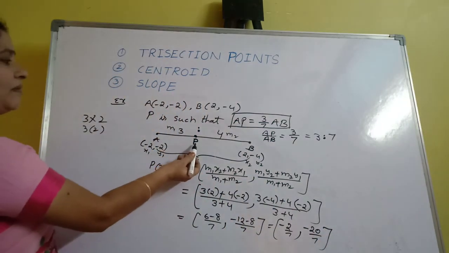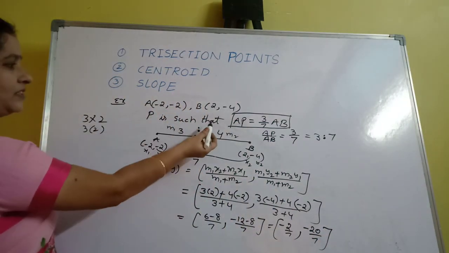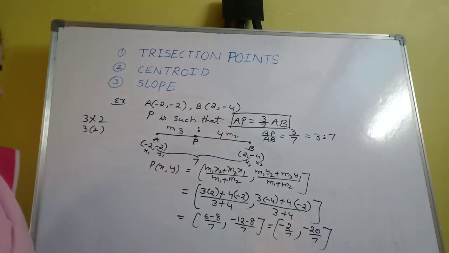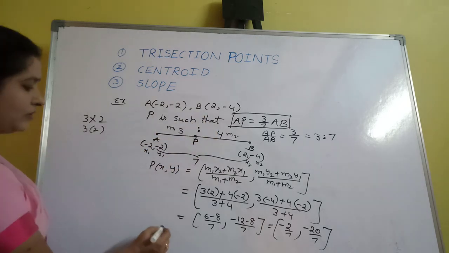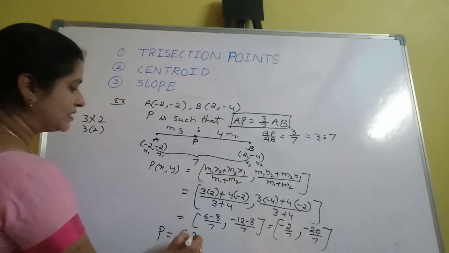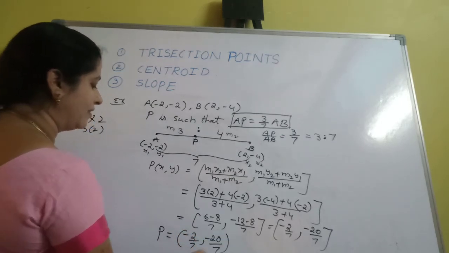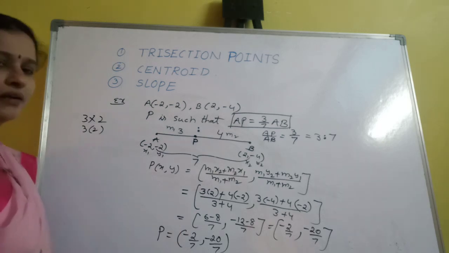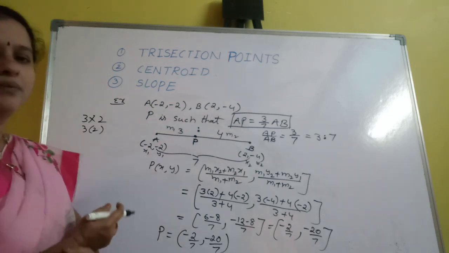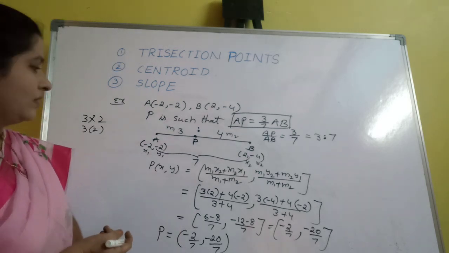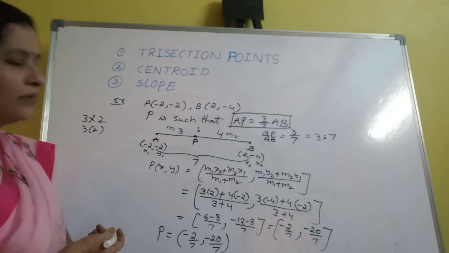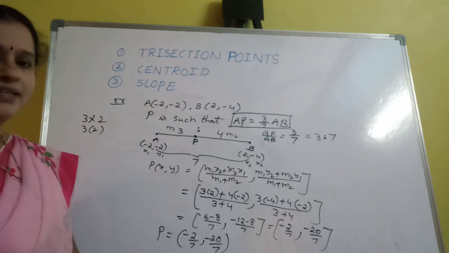So P(x, y), the point P such that AP equals 3 by 7 AB, is minus 2 by 7 comma minus 20 by 7. This is the final answer. All the questions in this chapter are very easy. In the next class, one more class is left to finish coordinate geometry.